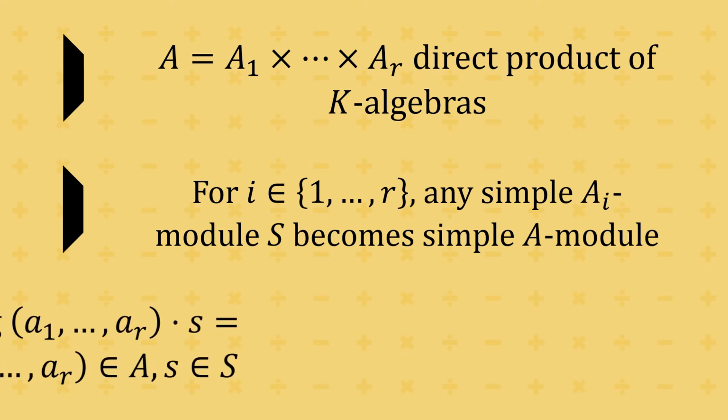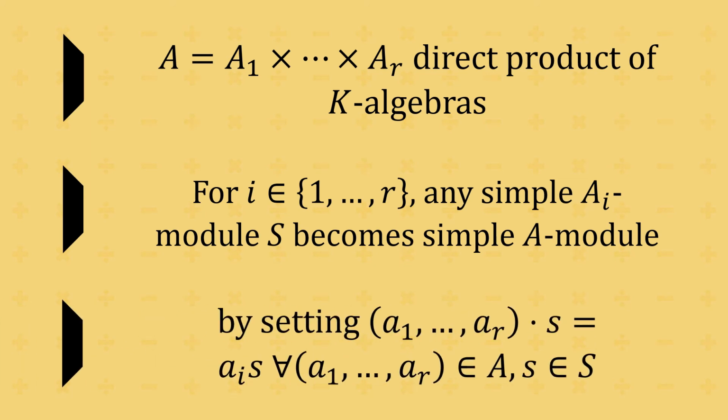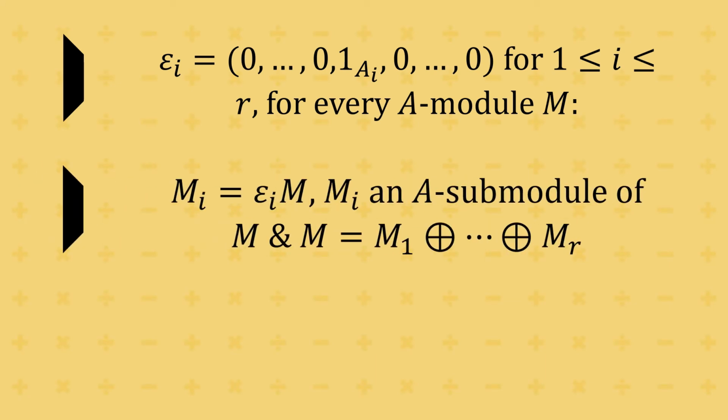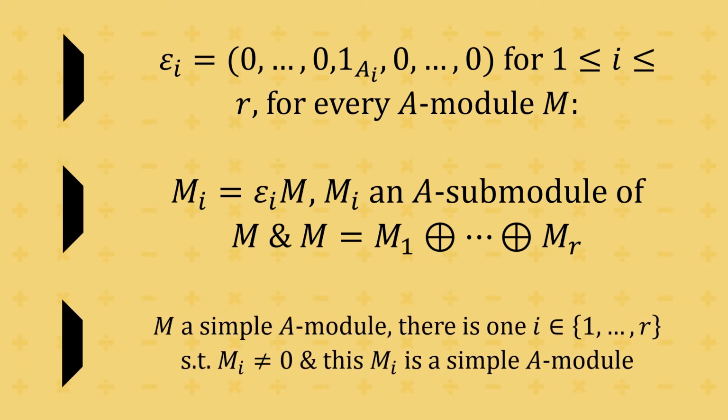Then, for i from 1 to r, any simple A_i module S becomes a simple A module by setting (a_1, ..., a_r) dot s equal to a_i s for all (a_1, ..., a_r) in A and s in S. Letting epsilon_i equal this for i from 1 to r, we get that for every A module M, first letting M_i equal epsilon_i M, we get that M_i is an A submodule of M, and M is equal to the direct product of M_1 up to M_r.